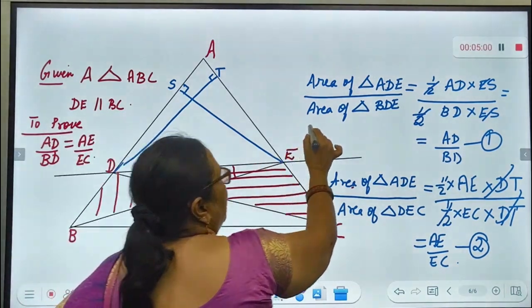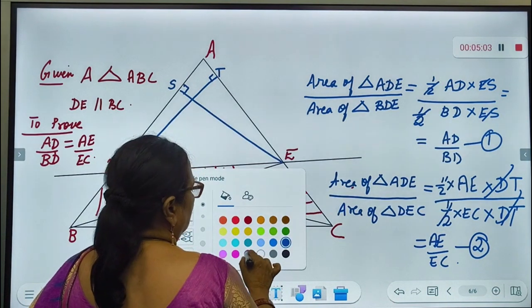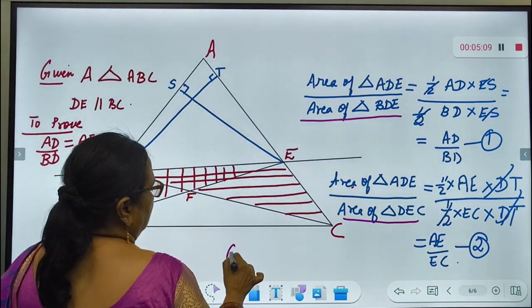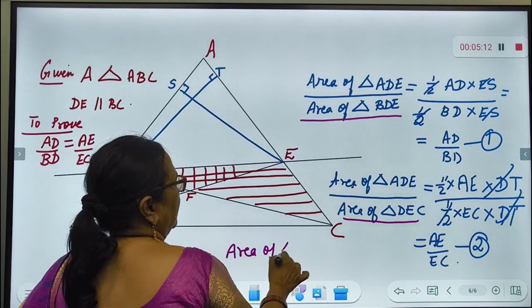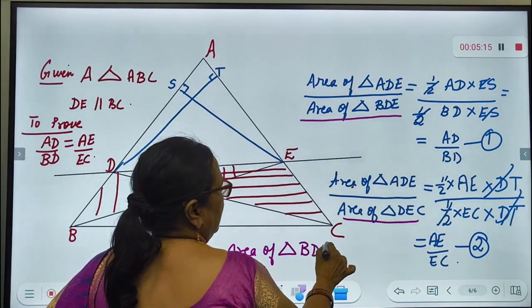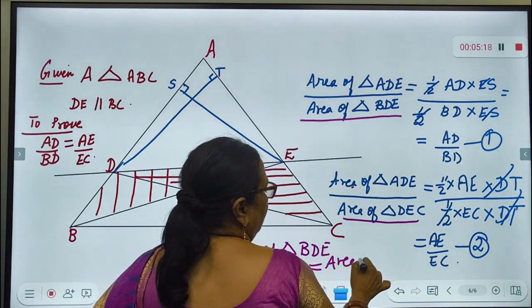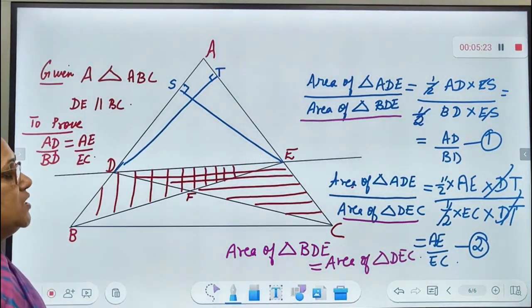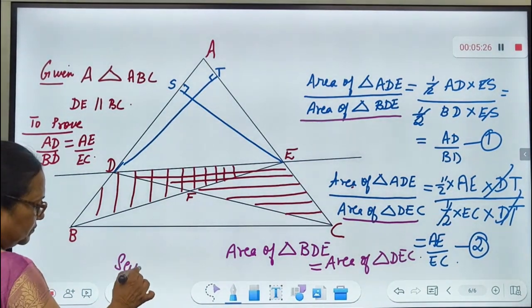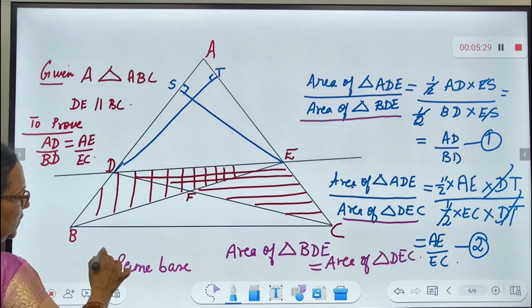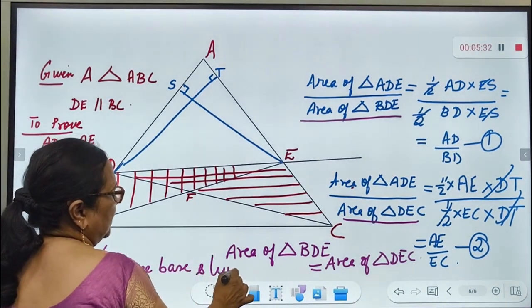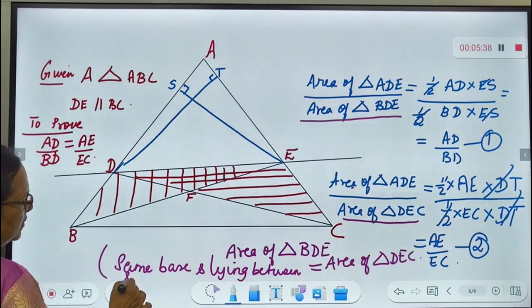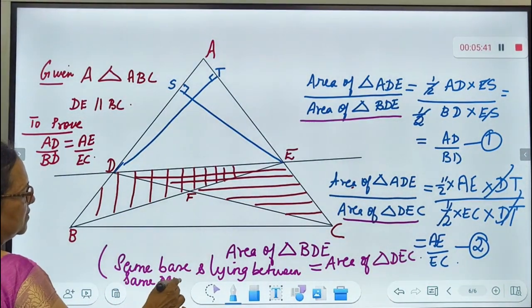So the area of triangle BDE is equal to area of triangle DEC, because they have the same base and lie between the same parallels.